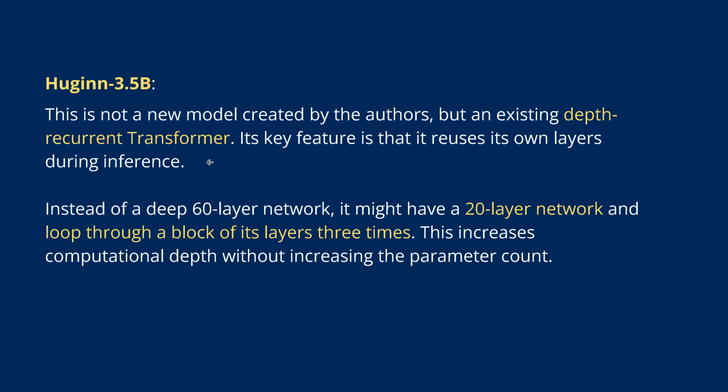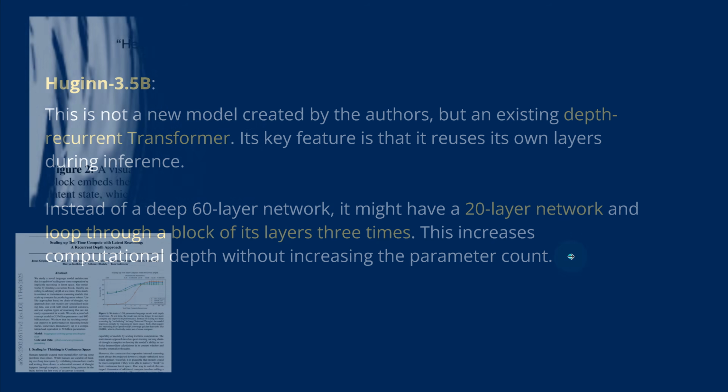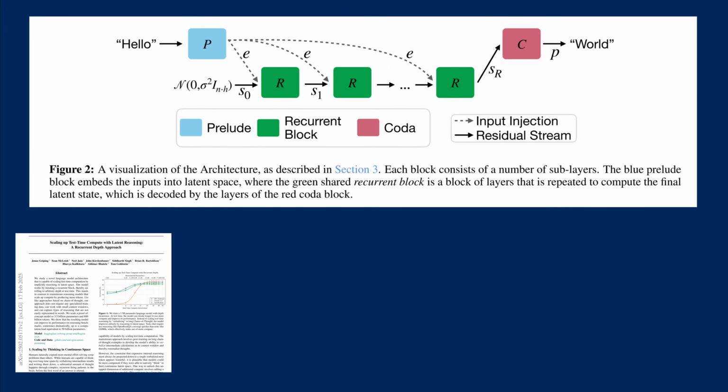Yes, beautiful. So let's say instead that you have to go in with a 60-layer neural network architecture, you just have a 20-layer network and you just loop through a block of its layers 3 times. So this increases the computational depth without increasing the parameter count. So is this working? And if you look here at the publication by Max Planck Institute, you see their architecture is rather simple.